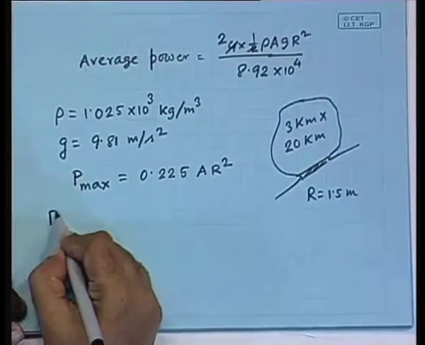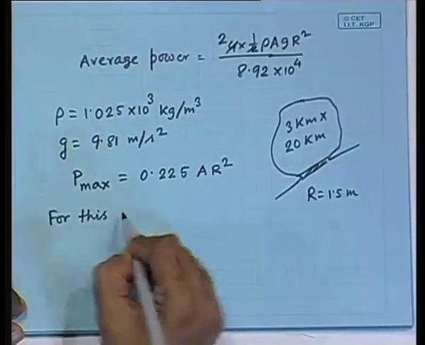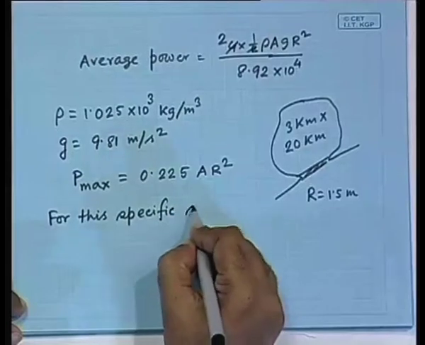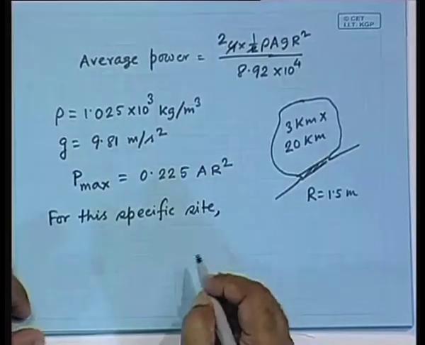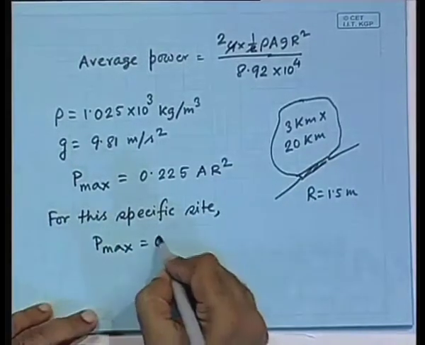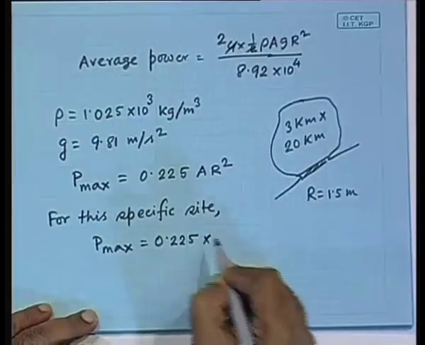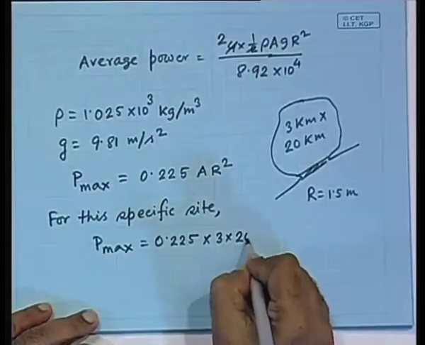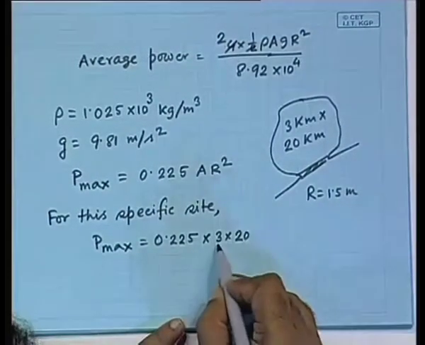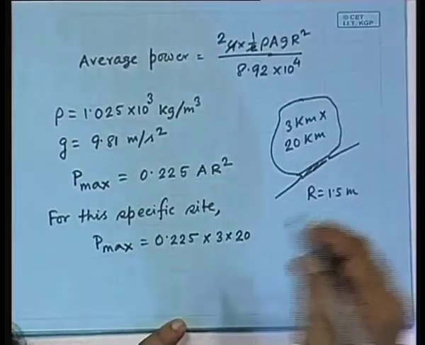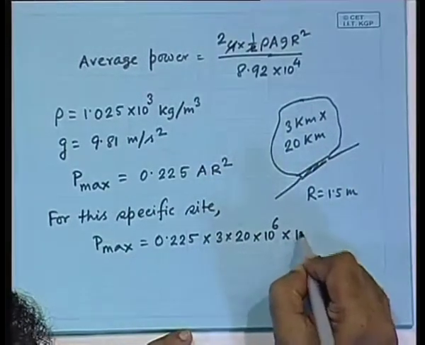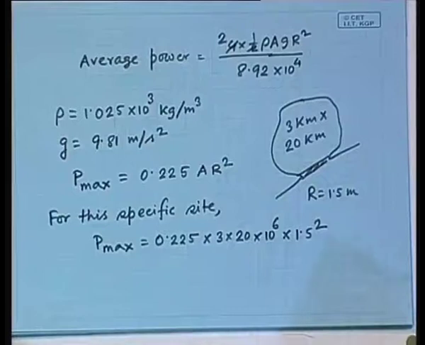Then three was kilometers, so that has to be 10 to the power 3, so into 10 to the power 6 times, fine.